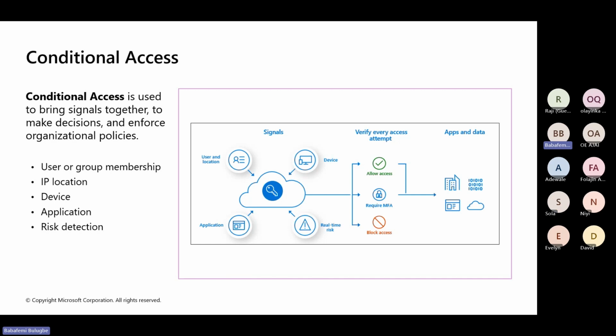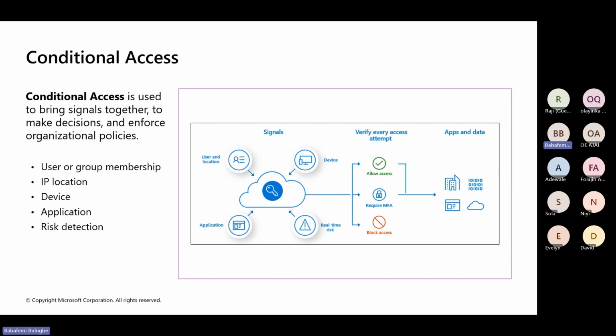It might be device based, to say when you are on Android 8.0 or you are on Android, we do not want Android users to access this application, only iPhone users, or we can create users or groups. Maybe this is an internal application, it is not open to the public, maybe a private application which is meant for the organization only. And we say junior staff should not be allowed to access this application. Then we'll put them into a group, and we'll select that group when we set up the conditional access.